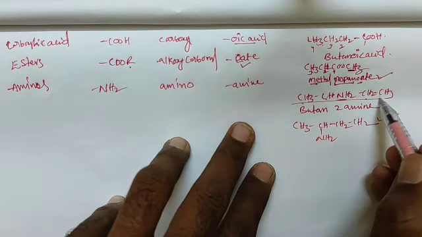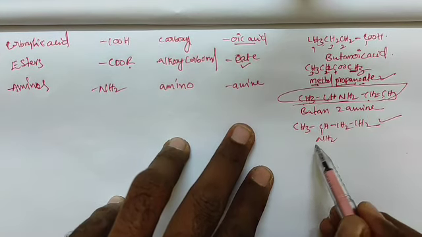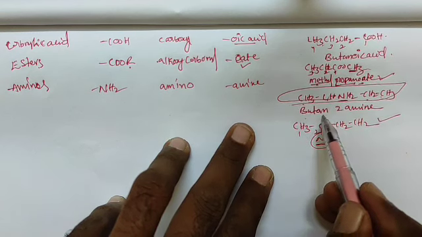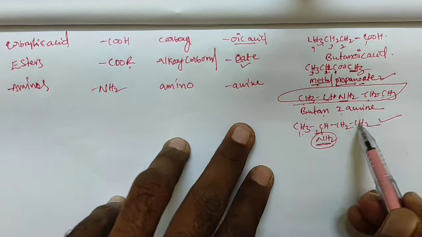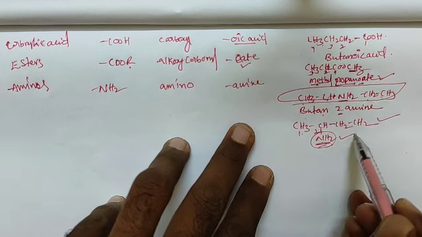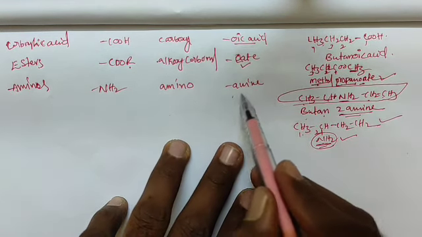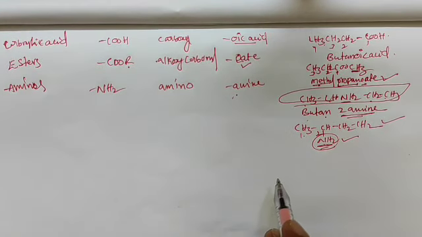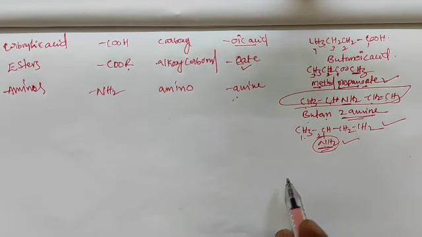The second carbon has the NH2 group, so butane 2 amine. 4 carbons, second position has the amine. The suffix name is amine, so butanamine.